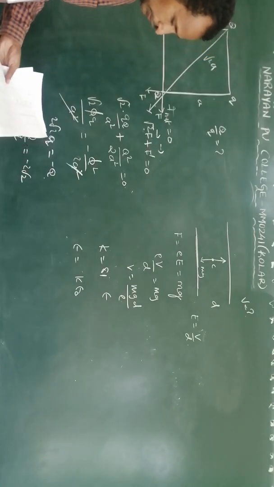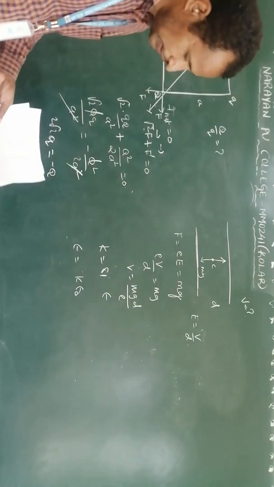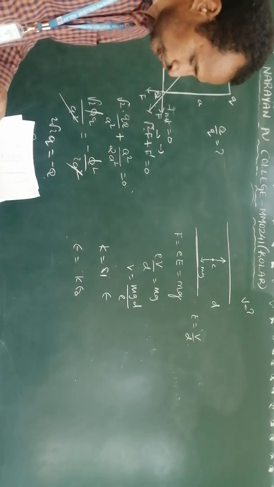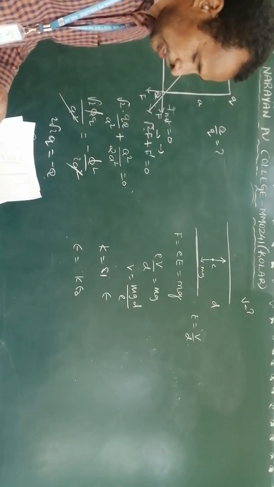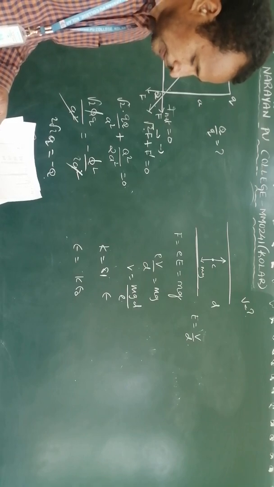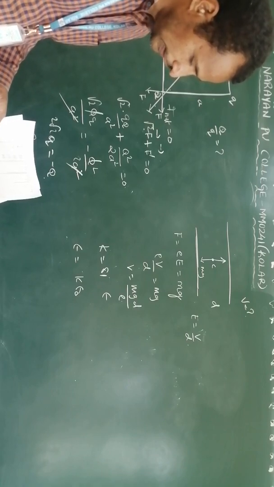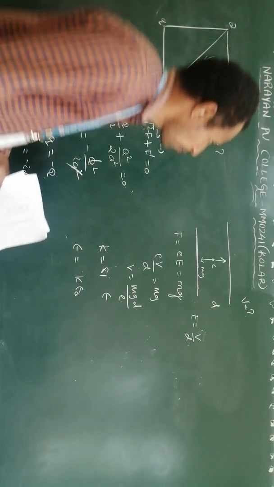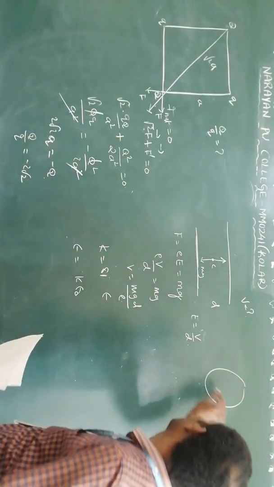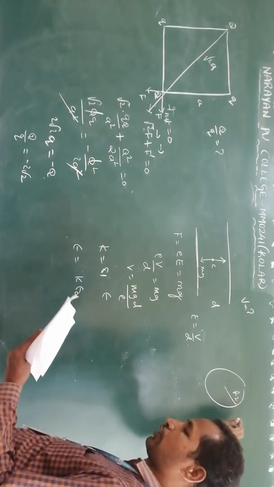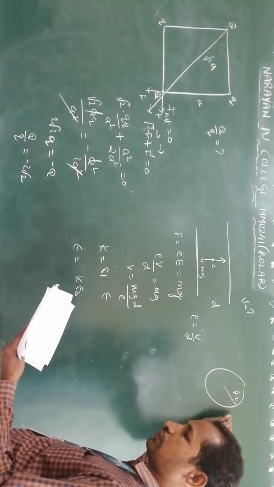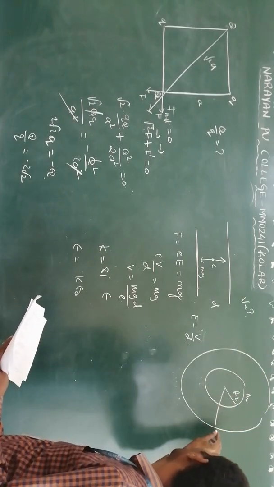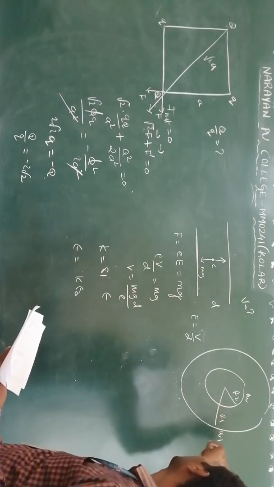Next, two concentric hollow conducting spheres of radii R1 and R2 have charges Q1 and Q2 respectively. R1 is greater than R2. Then the electric field intensity at a distance R between R1 and R2. This is R2 having the charge Q2, and the other one R1 having charge Q1.